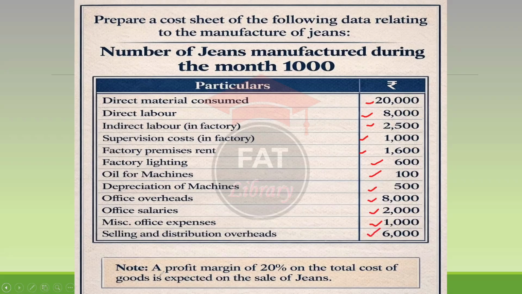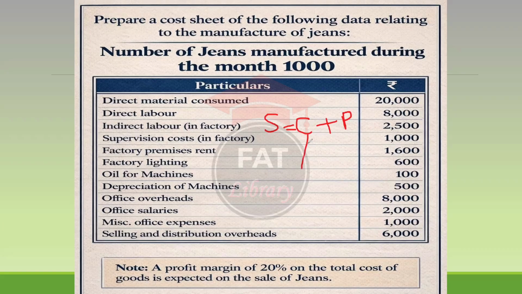Note they have given a profit margin of 20% on total cost of goods is expected on the sale of jeans. So here sales is equal to cost plus profit, right?